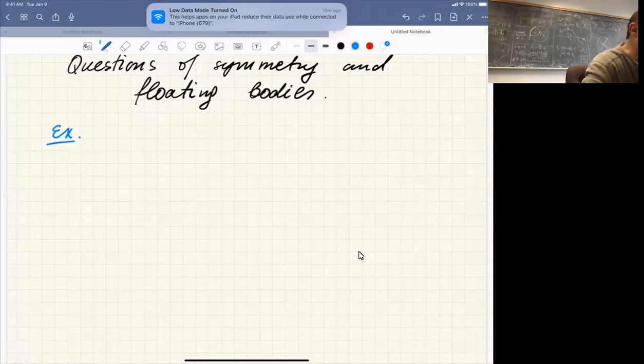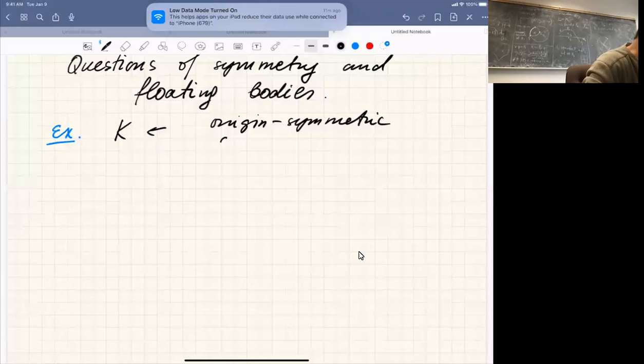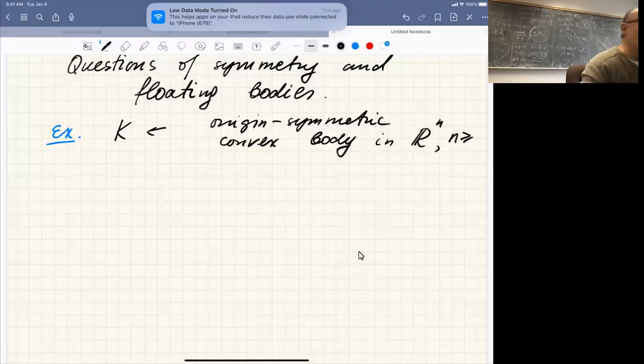So the question is the following. When I write K, most of the time it's going to be an origin symmetric convex body in Rn, where n is going to be greater or equal than 3 most of the time. If you want, you can think about n equal to 2, but this is kind of a special case.